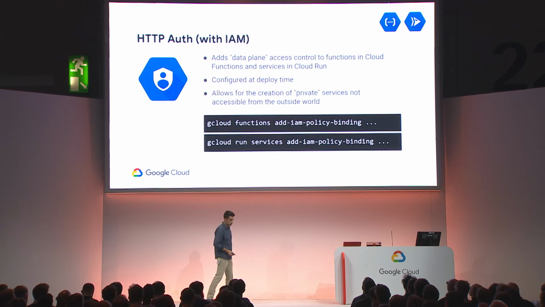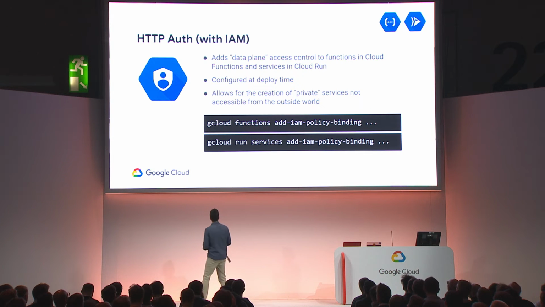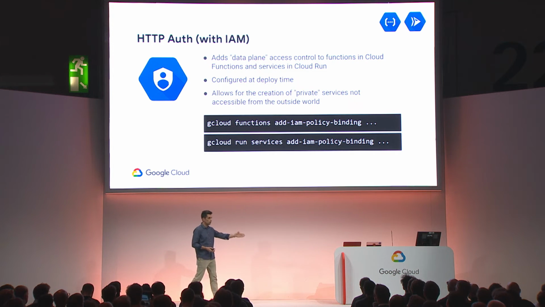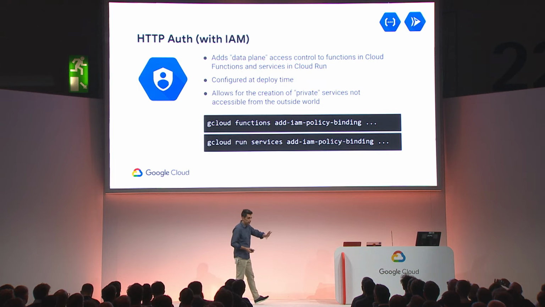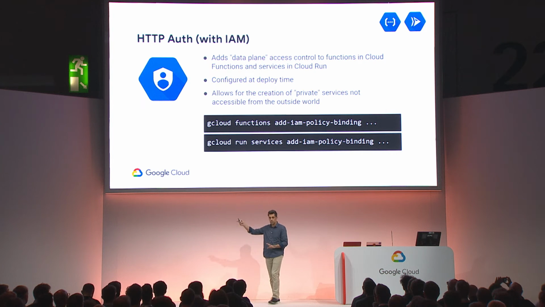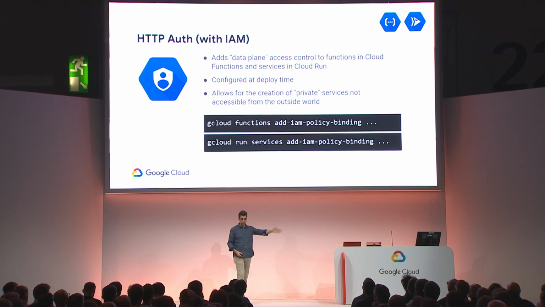OK. Moving on. More IAM. You can never get enough of it. One capability that's relatively new that we have in Cloud Run and Cloud Functions is IAM on what we call the data plane. So we have a distinction between data plane and control plane. Control plane is where you perform operations like create this service, delete this service. The data plane is actually where data is traveling.